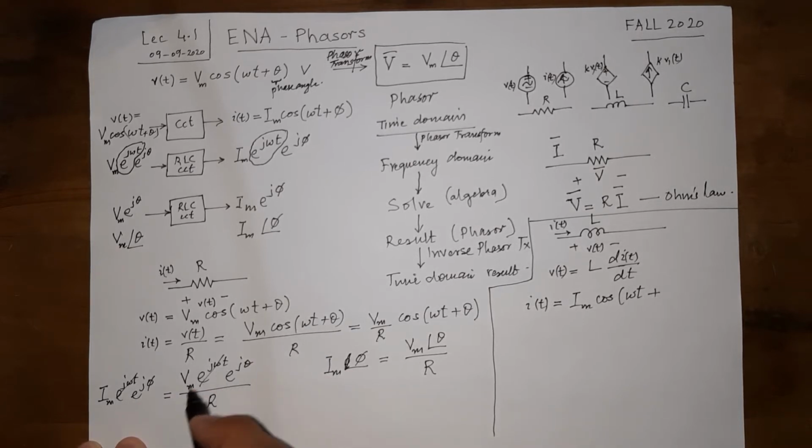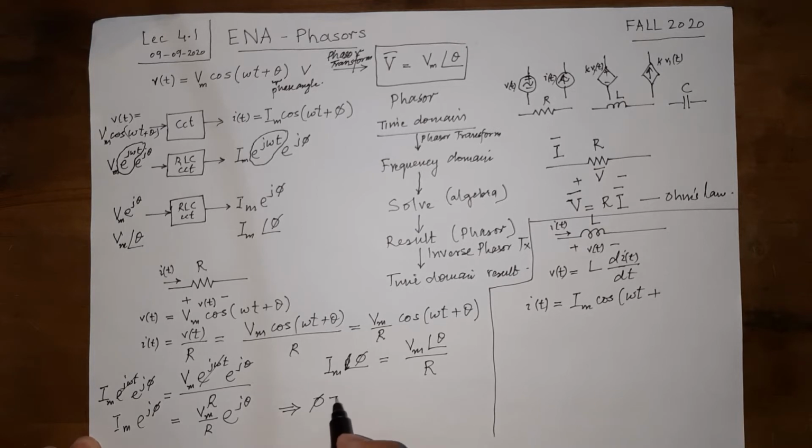If we start solving from here, step by step, we get Vm over R with e raised to the power j theta. So you can see Im e raised to the power j phi, and very clearly phi is equal to theta.